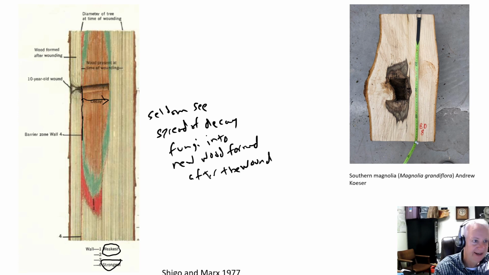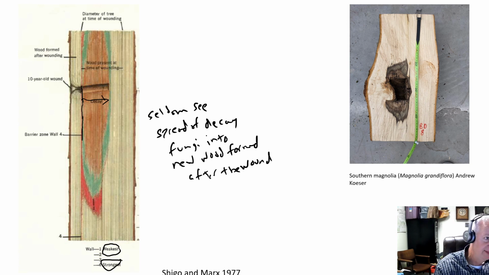Sorry about my handwriting. So that barrier, that wall 4, is that new growth ring formed after the wound. And you can see there is no spread of decay into that new wood formed after that wound. So that prevents spread of decay into the new wood.